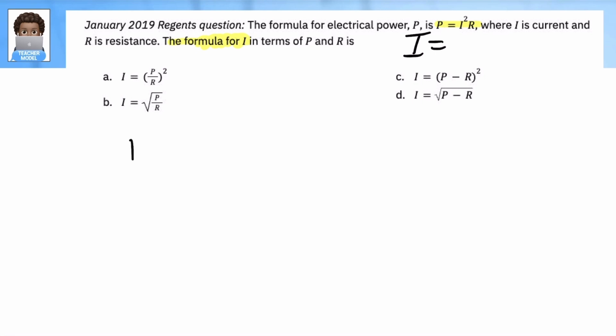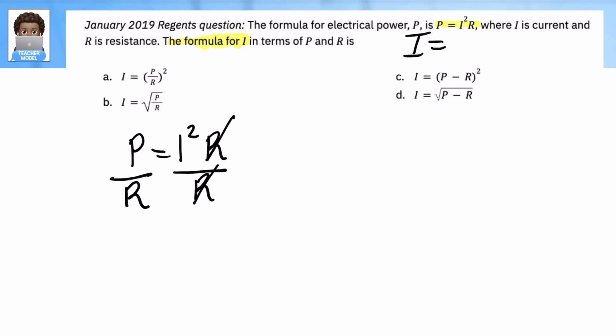I want to set that up. So I'm going to start with my original formula. P equals I squared times R. And I want to isolate the I. So the first thing I want to do is, since it's I times R, I'm going to divide by R. And just like with any equation, we do it to both expressions. So these will cancel out.